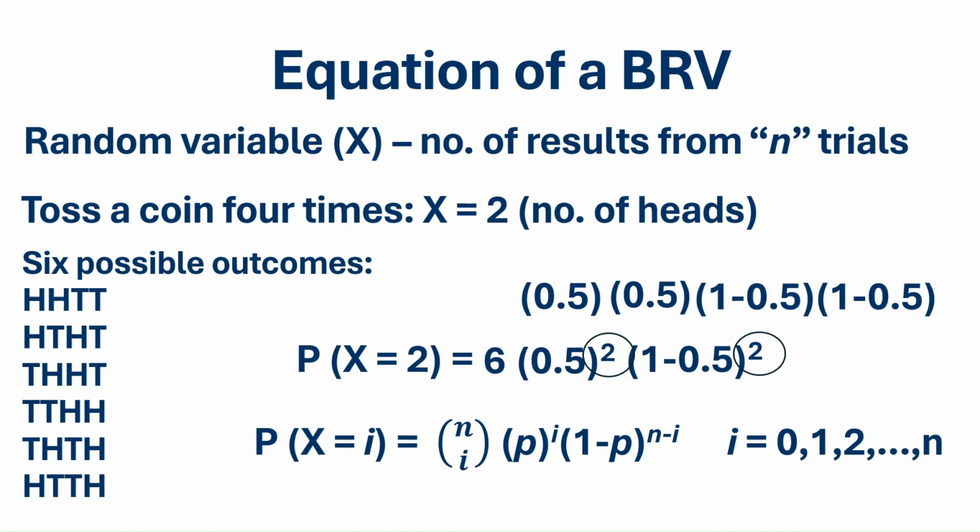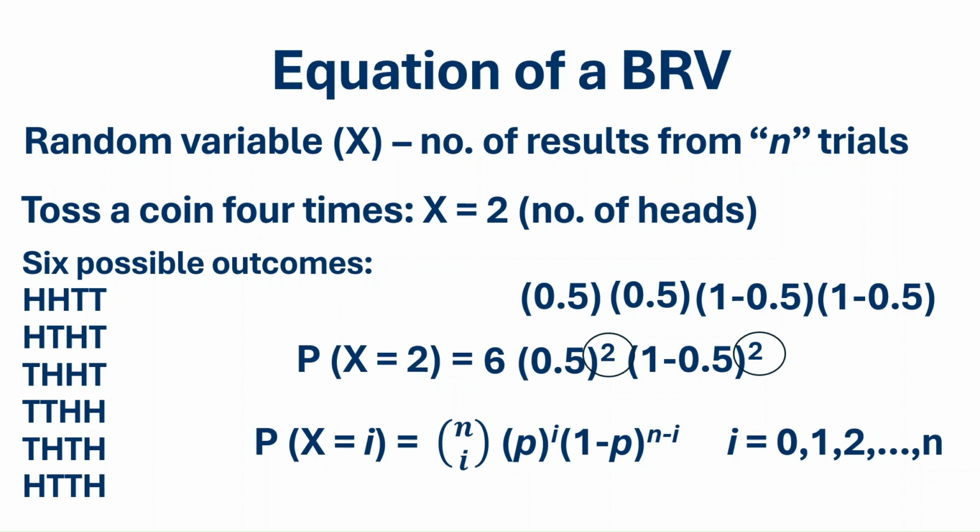If we compare that above, we can see that i was the number of heads and n minus i was the number of tails. So this formula would be applied for all values of i that are valid. In this case, it would be 0, 1, 2, all the way to n, which is the number of trials or experiments.